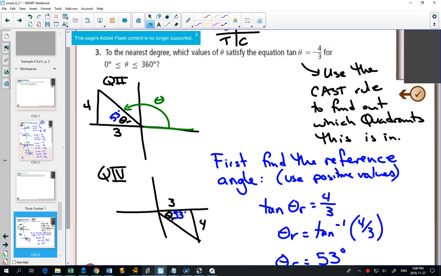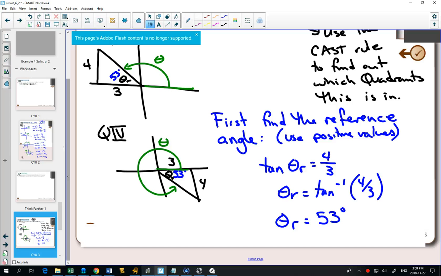This is one possible answer for theta. And in quadrant 4, if I started here and went to my angle, that would be my theta. So can you see that we're going to get two different answers for theta? We're going to get one answer in quadrant 2 and one answer in quadrant 4.